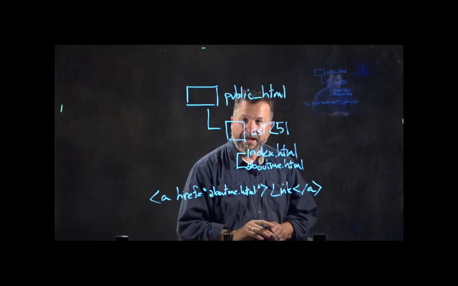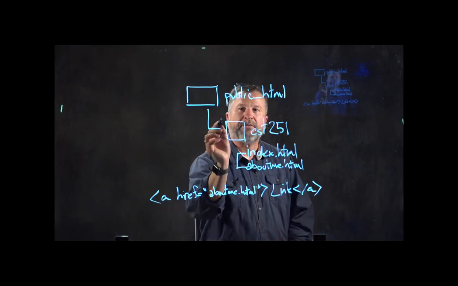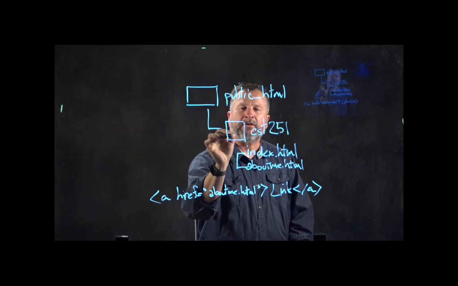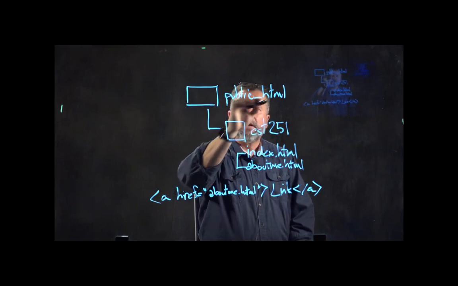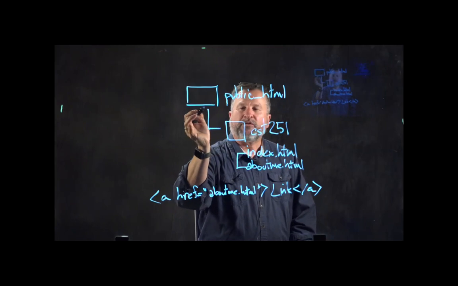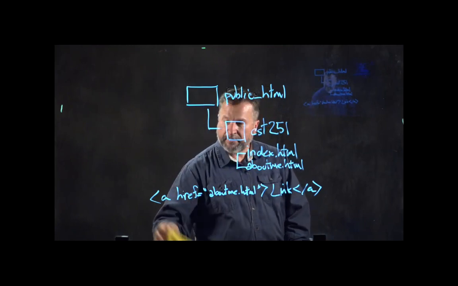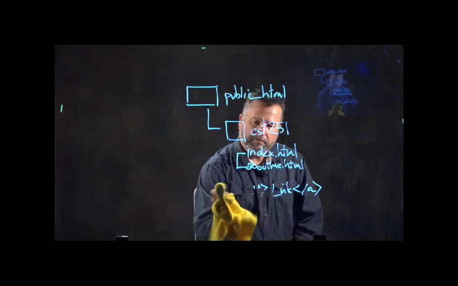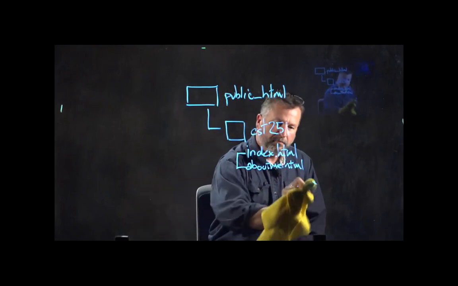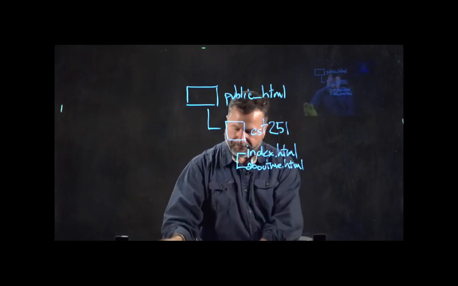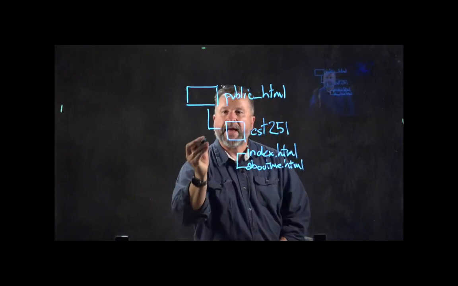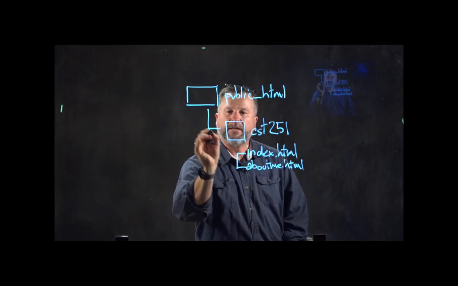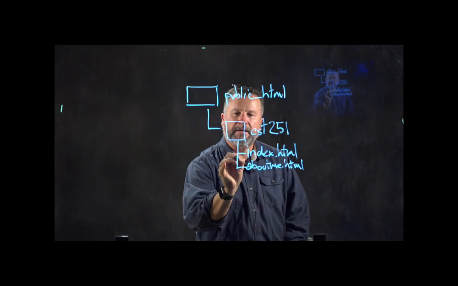What's important to keep in mind here is a couple of things. I may have another file or another web page inside my public HTML folder. I might have inside here, let's see, so these are all inside that folder.